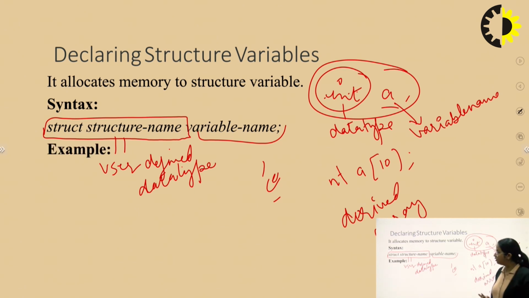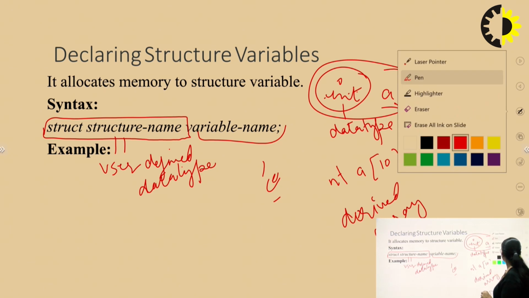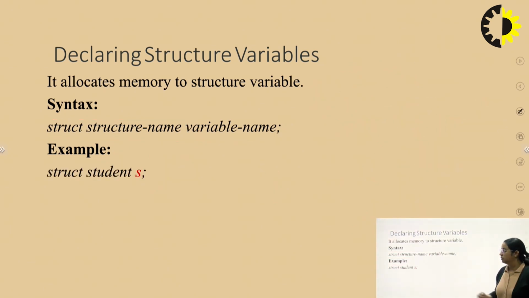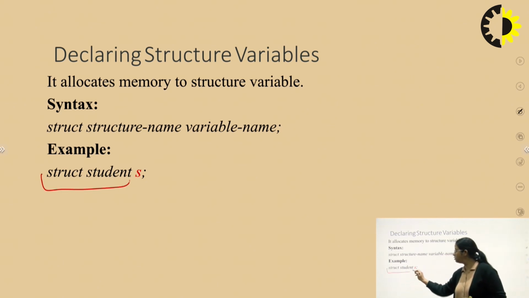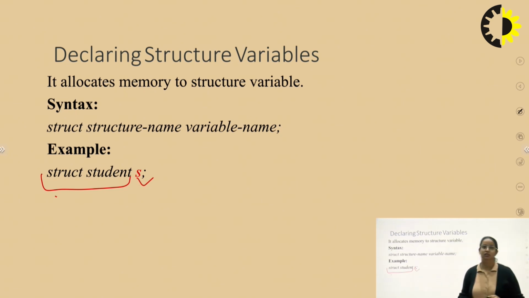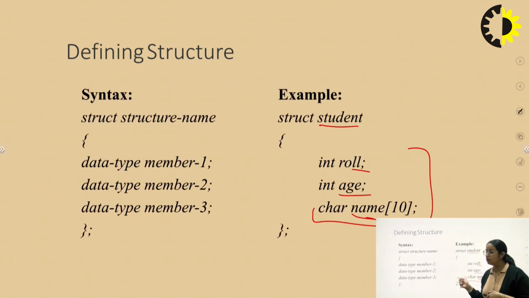Okay, so here is one example. Struct student S. Same. This struct student is a data type, and this S is the variable name. Simple declaration of structure variable. If you compare with the previous declaration, you can easily understand the declaration of structure variable. Okay. First, you have to just define the structure that I have just shown you in my previous slide.